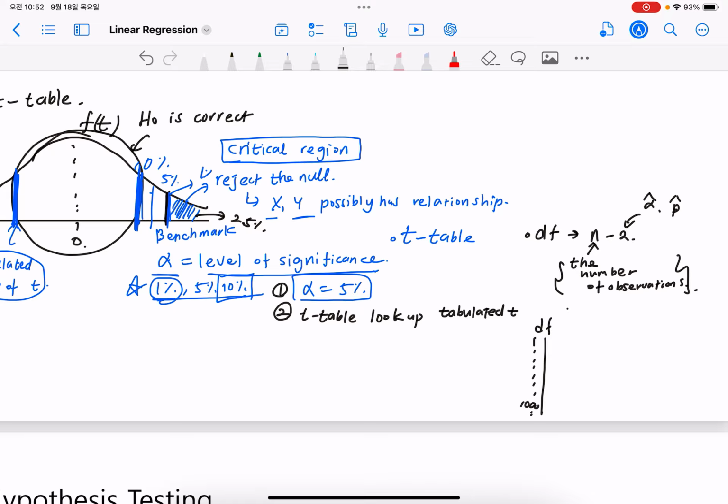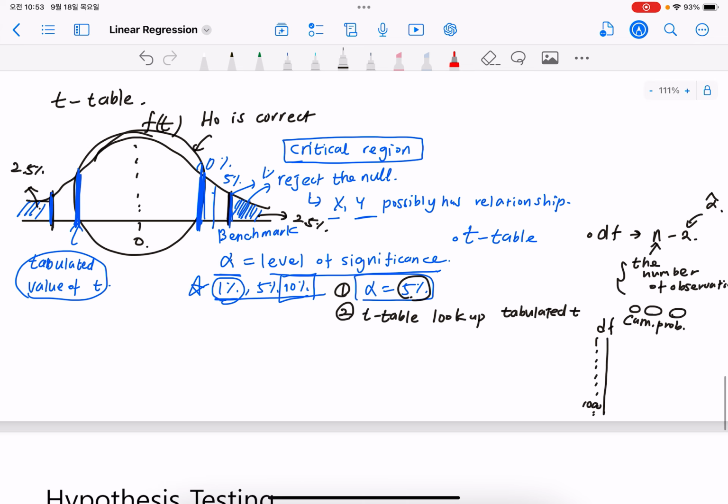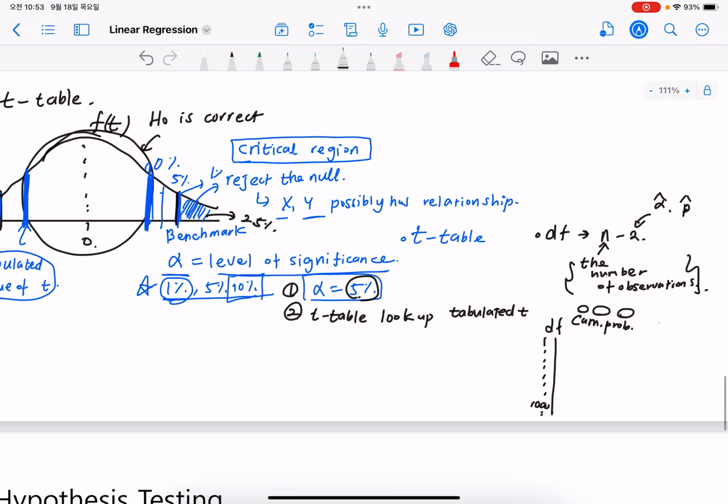And here you will see the level, like the probability, cumulative probability. So here, let's say if it's 5%, we want to keep 2.5% on the right tail and 2.5% at the left tail. So you can look up at 0.25, perhaps right here.